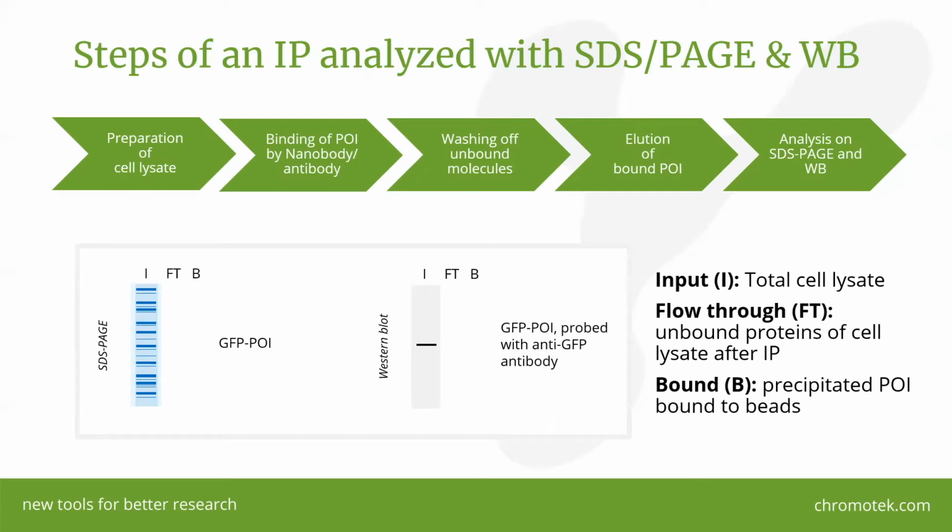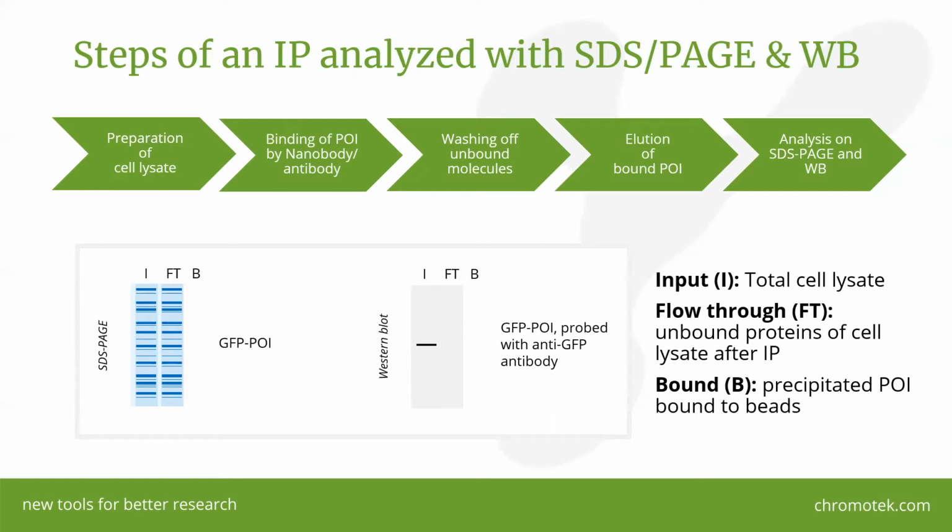The input is the total cell lysate and contains all cellular proteins and the protein of interest. Often the protein of interest can be detected in the input on Western blot with an antibody, which is here the anti-GFP antibody.